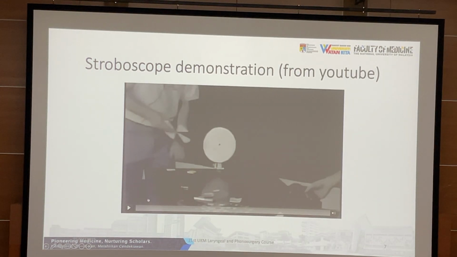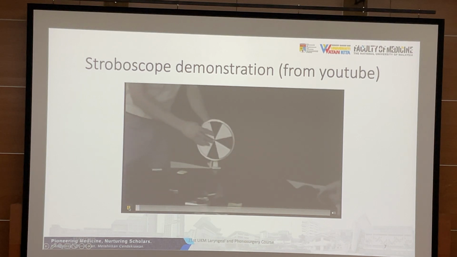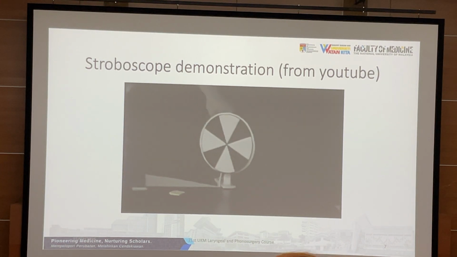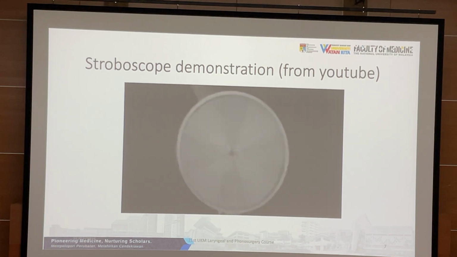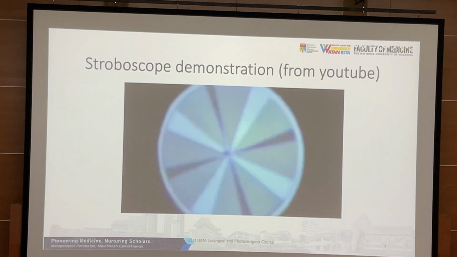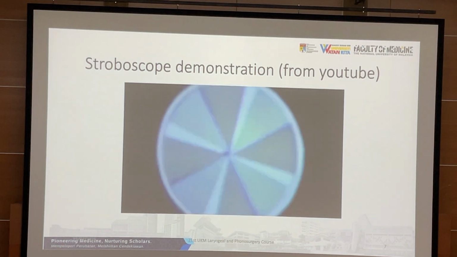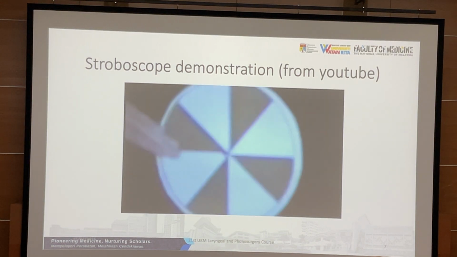I show this video. It's not from me. I downloaded it from YouTube. Illegal, but courtesy of YouTube. So you see this thing like a fan that has white and black. Whenever it moves quickly and cyclically, at first you don't see the blades, right? It's all white.